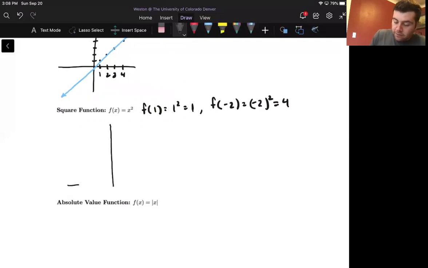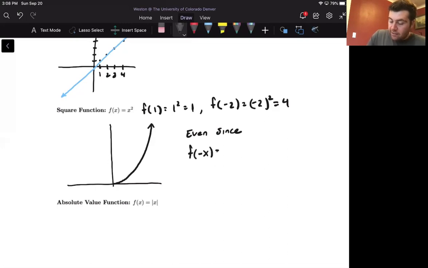This is our classic parabola, like that. And then we'll remember that this is also an even function. It's even since f of -x equals -x squared, which equals x squared, which equals f of x. So that tells us we have symmetry across the y-axis. So on the y-axis, it looks exactly the same. So our graph looks something like that.